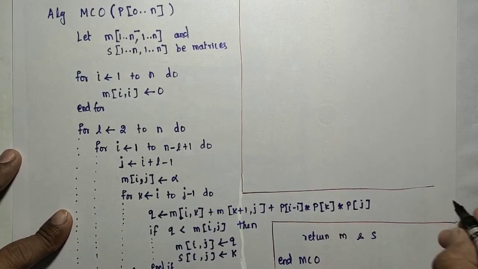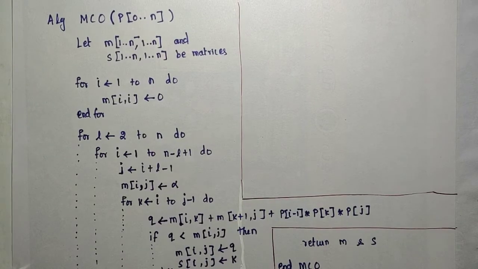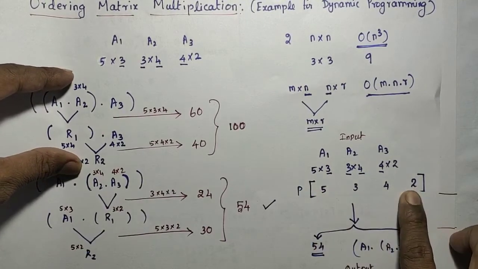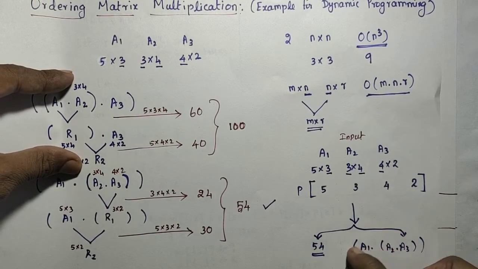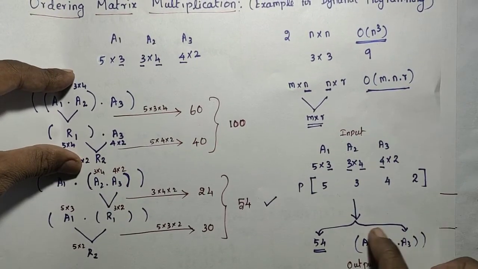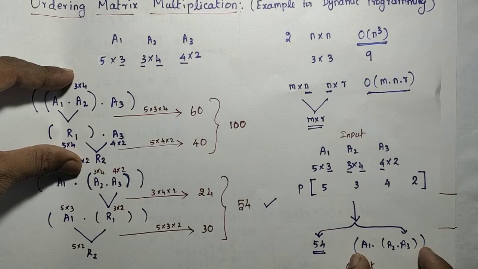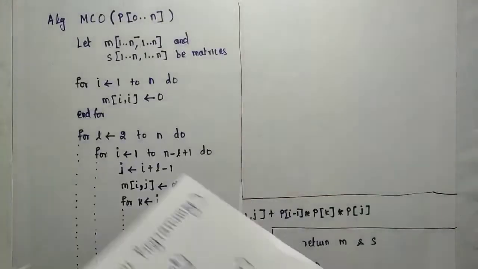Now we are going to write another algorithm, print MCO. We want to print another result: if an array is given, we need to print this 54 as well as this result. For printing this output we write another algorithm, print MCO.